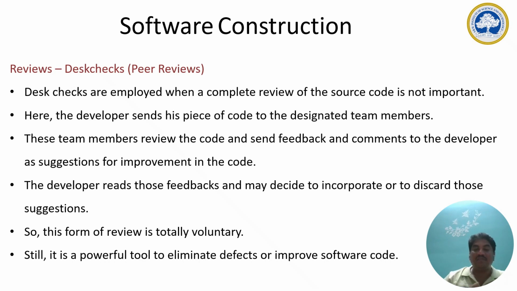Desk checks are otherwise called peer reviews. When we complete the software, before we go to software testing, we do the review. A complete review of the source code is not necessary.